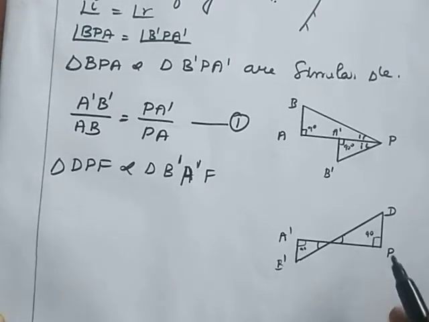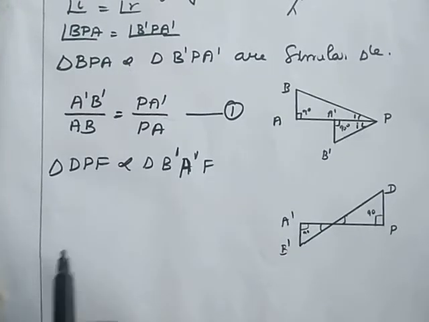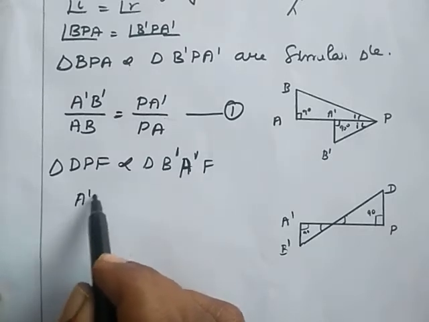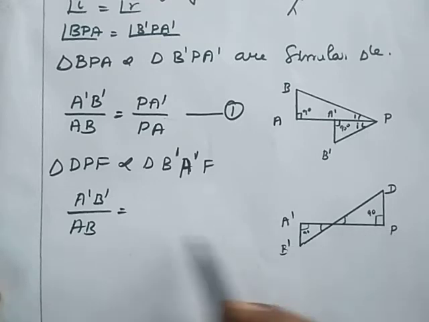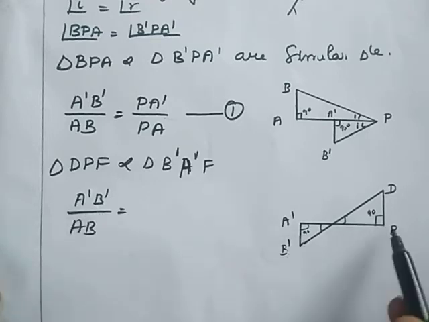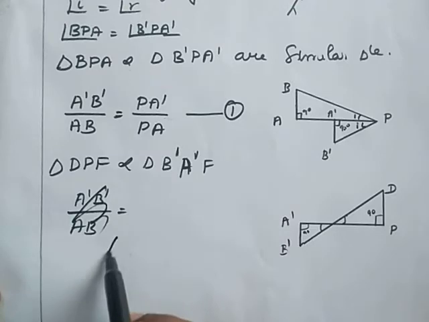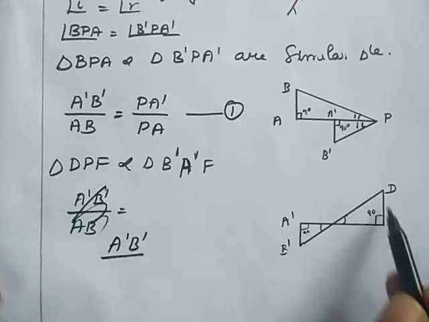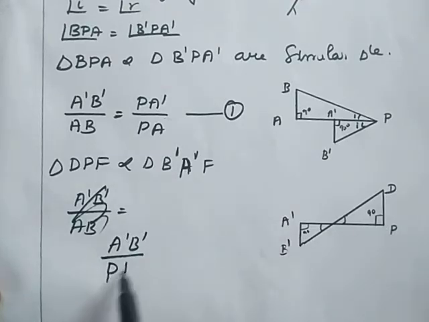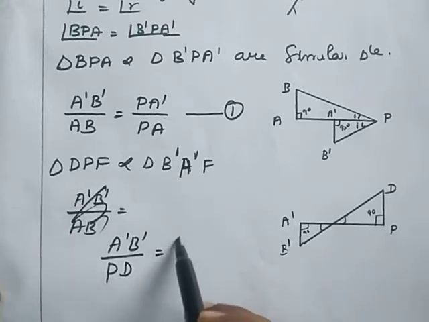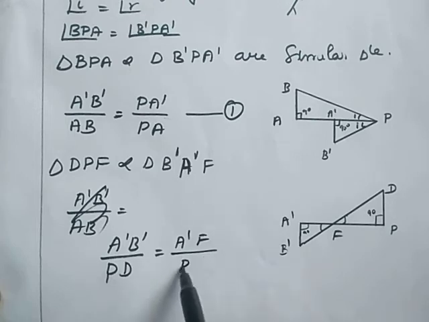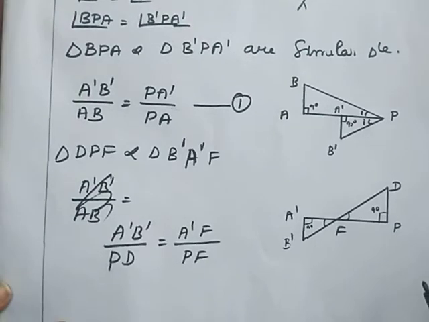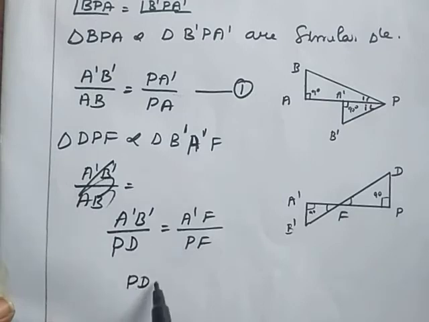So the ratio of the sides will be the same, and we can write A dash B dash by AB is equal to A dash B dash by DP, that is equal to A dash F by PF. We know very well that PD is equal to AB.